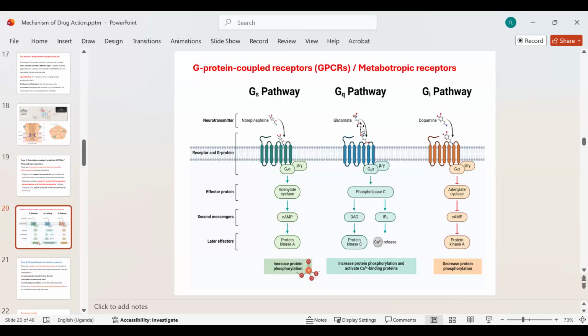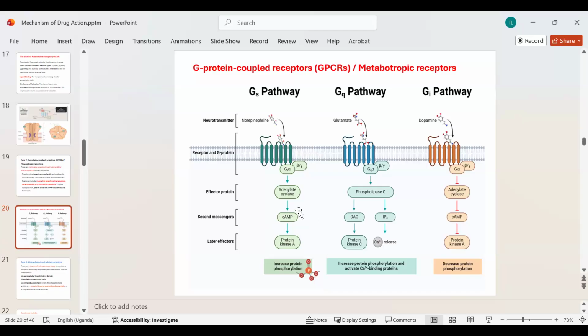Or they can just talk about G protein coupled receptors and ask for the secondary messengers produced, which are basically diacylglycerol and IP3. Just put DAG and IP3 as their secondary messengers. Yet here, if I ask for the secondary messenger, I expect you to talk about cyclic AMP.